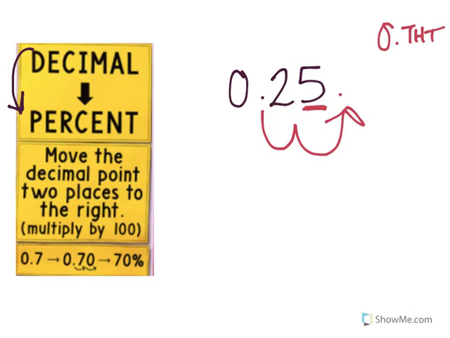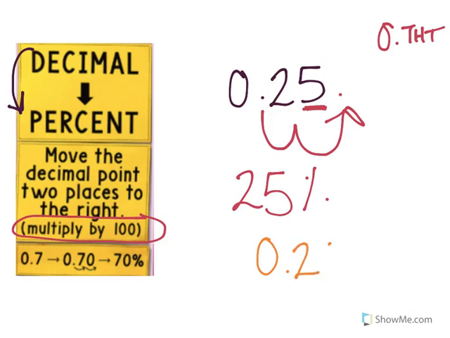So now I have 25%. Where it says multiply by 100, this means you could also take the decimal 25 hundredths and multiply it by 100, and that still gives you 25%.